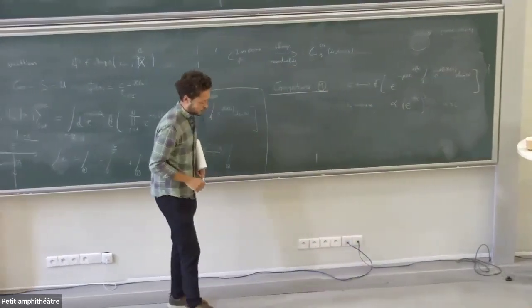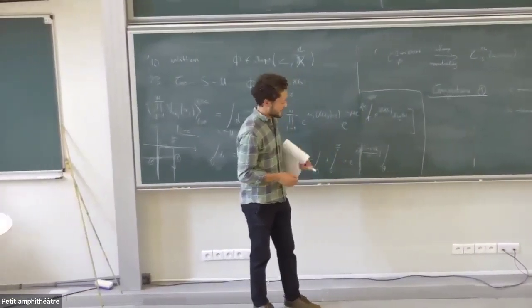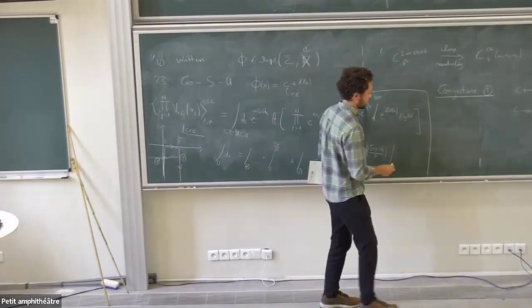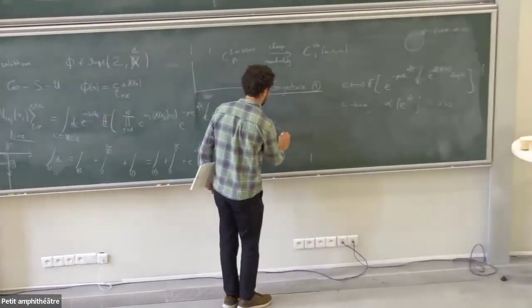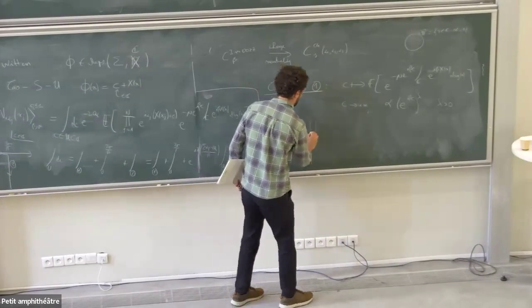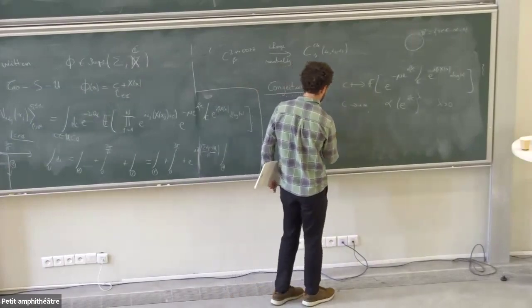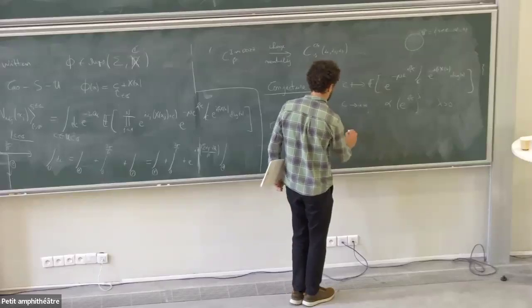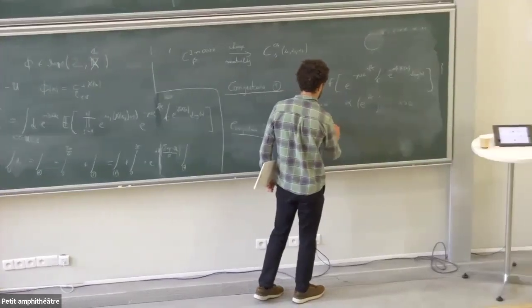Okay, so I can talk about this later because I should finish. Conjecture 2, and I end with this, is that the 3-point function is in fact imaginary DOZZ.